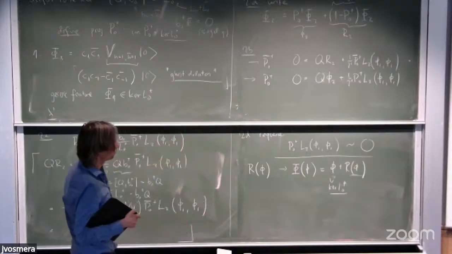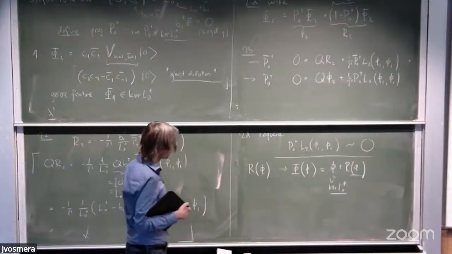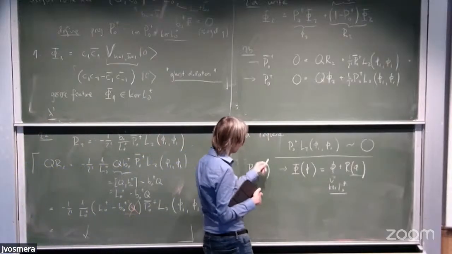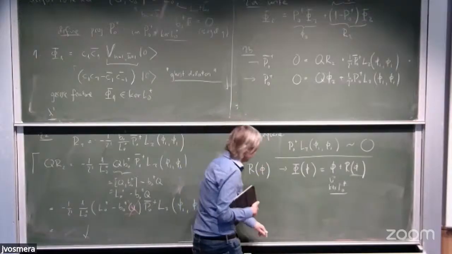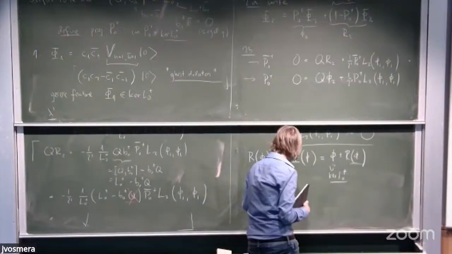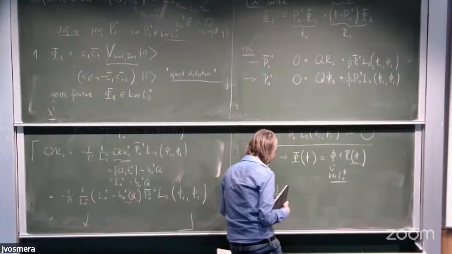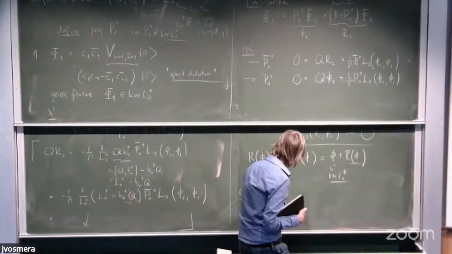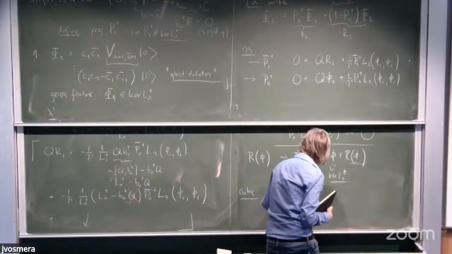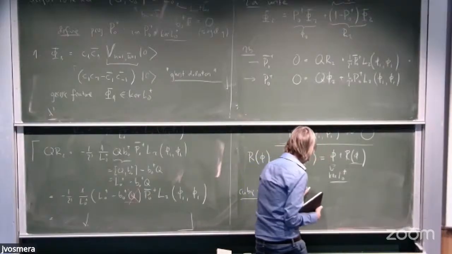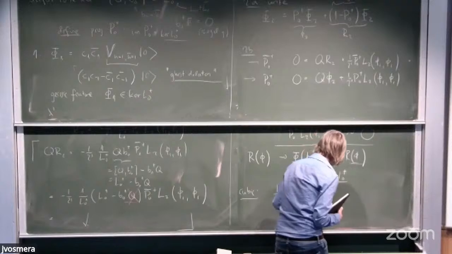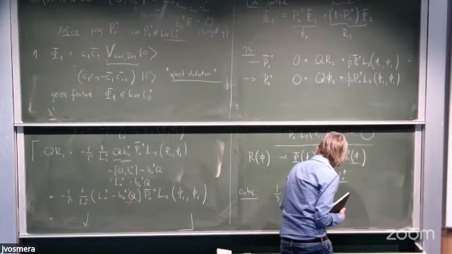So for instance, the cubic vertex of such an action for the lowercase phi would precisely be given by phi P0 L2.